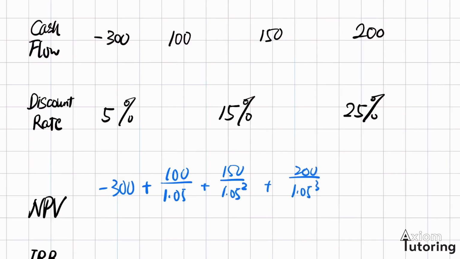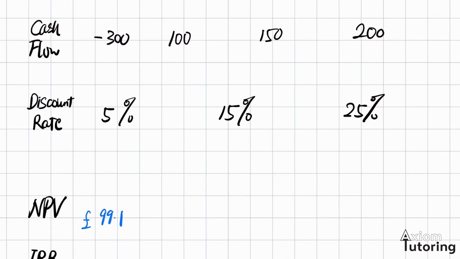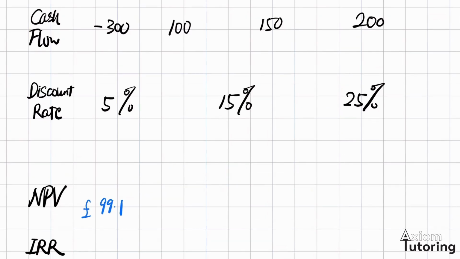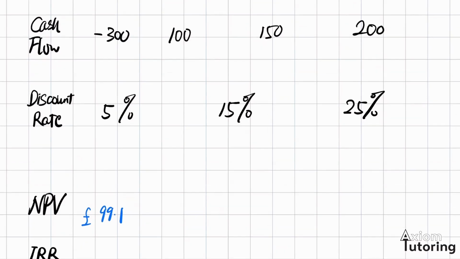You should be able to do this on your calculator, and you should get the answer of 99.1. So this is the NPV for this project when the discount rate is 5%.